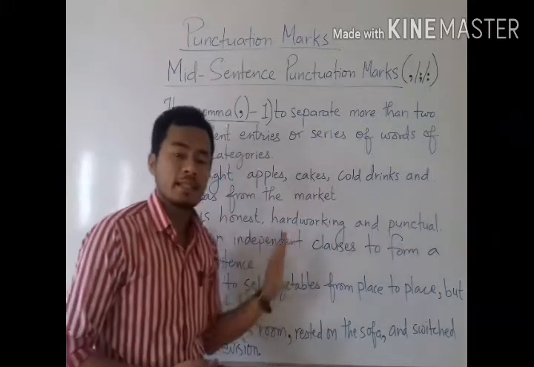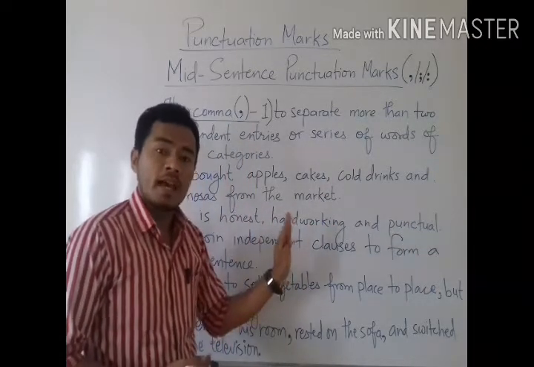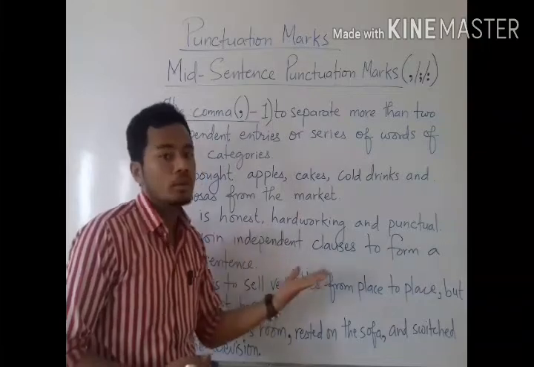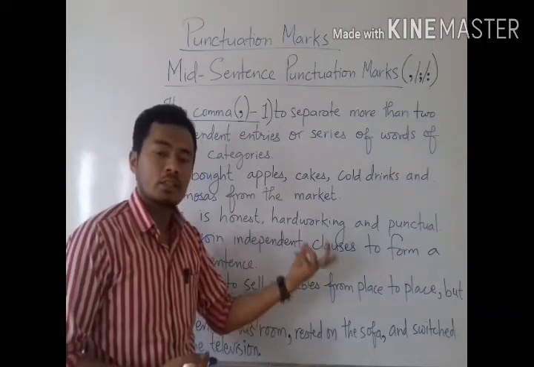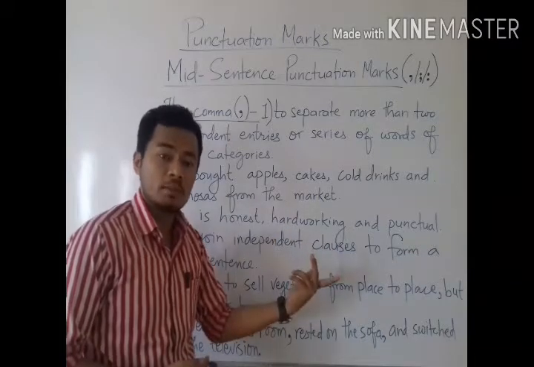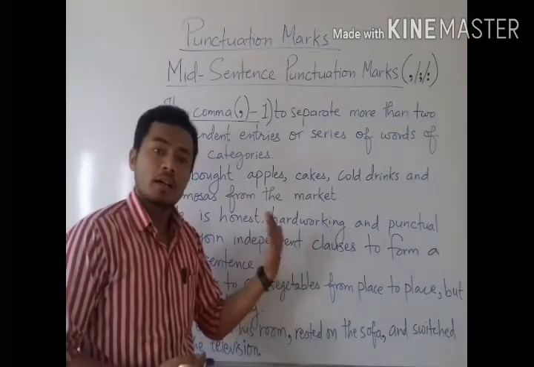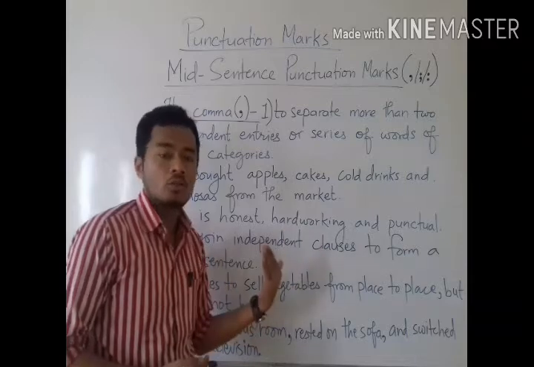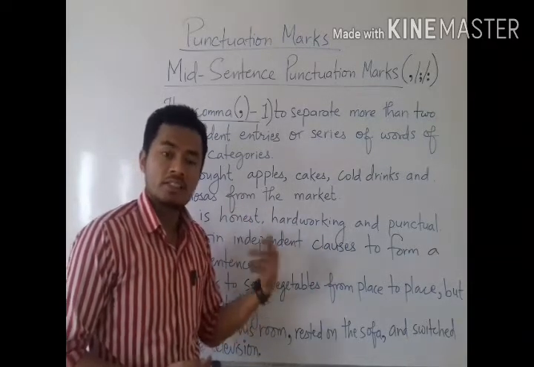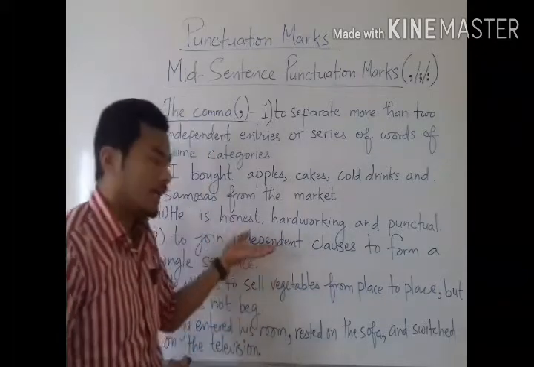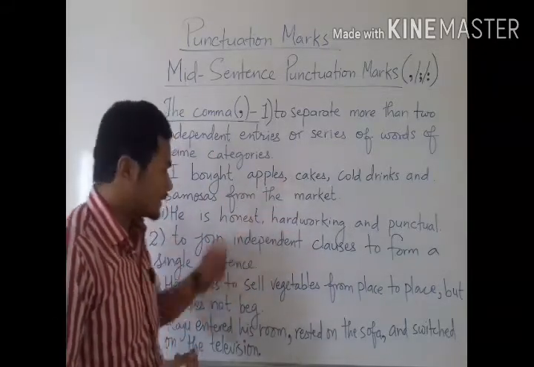So before ending the sentence, we do not put a comma before the conjunction and. Likewise, I have done in both of the sentences here.